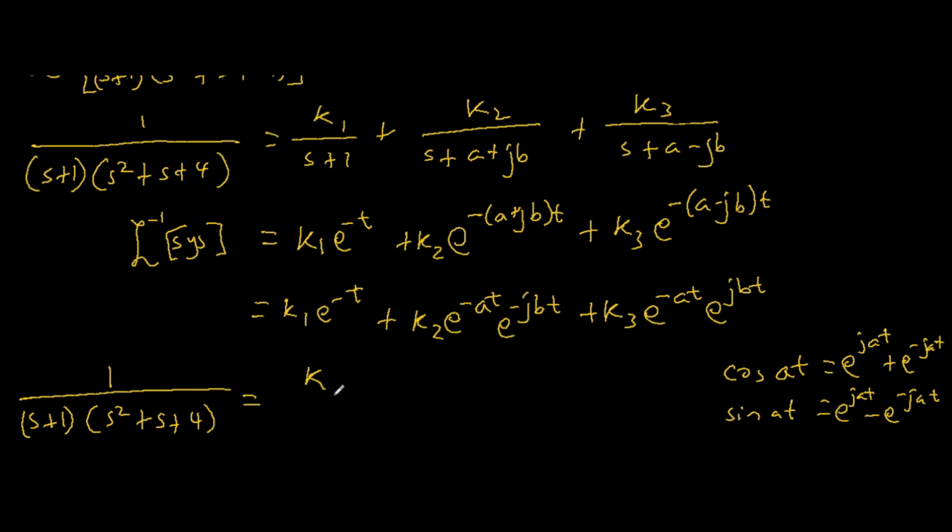Rather, we'll decompose it as k1 over s plus 1, and we keep this term together, plus, so our denominator will be s squared plus s plus 4. However, your numerator will now not just be k, rather it will be two terms, k2s plus k3. Because this is a second order function in your denominator, we have a first order function in our numerator.